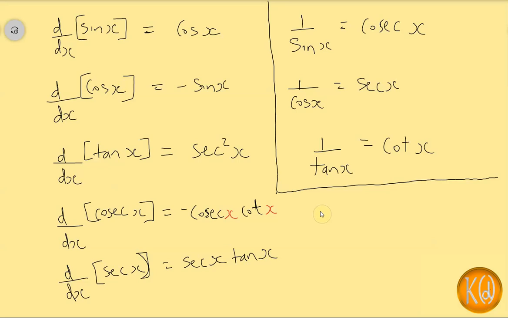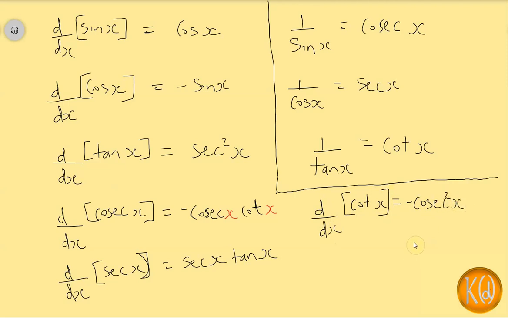Okay, if you should differentiate the cotangent of x, that will be negative cosec squared x. Okay, good.